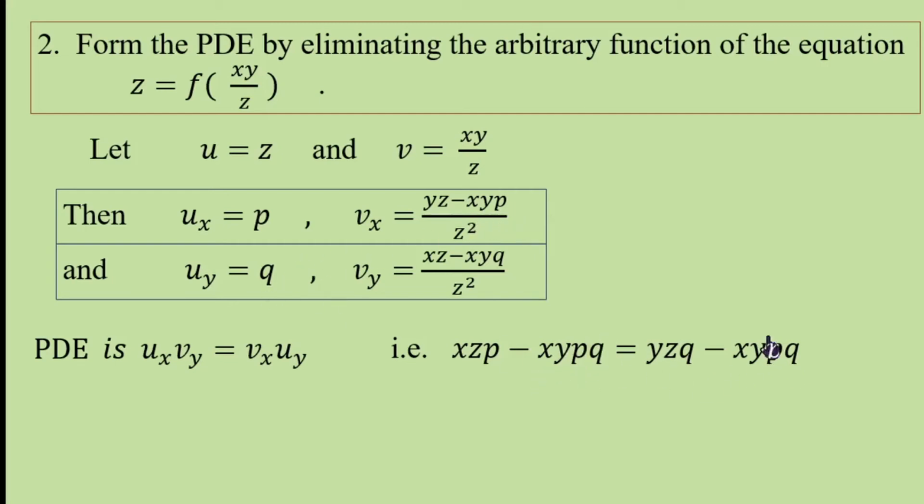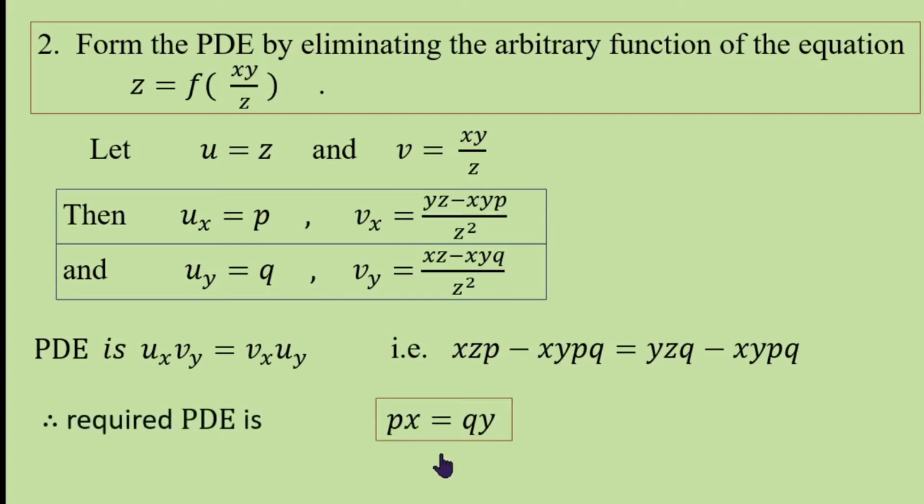Now here xypq is common, cancel it, and in these two z is common, again cancel z, xp equal to yq, and hence the required PD is px equal to qy, or you can write px minus qy is 0.